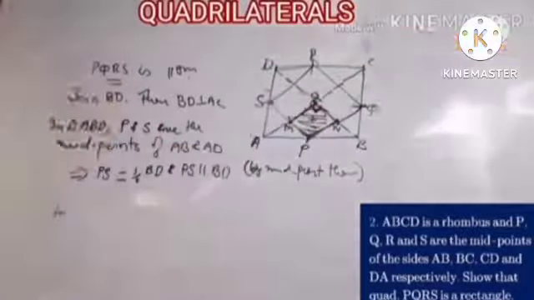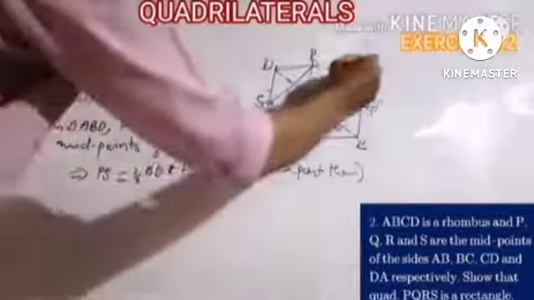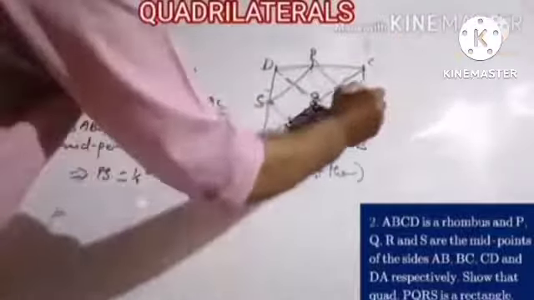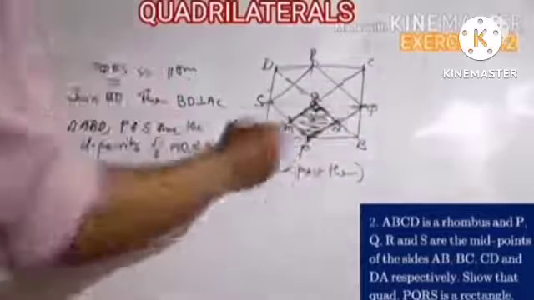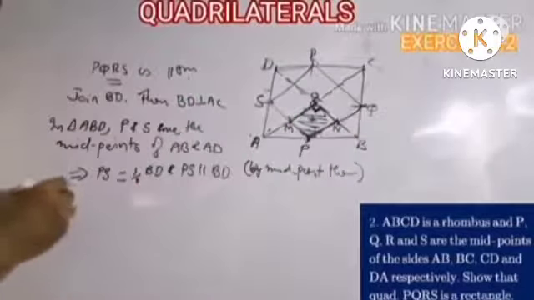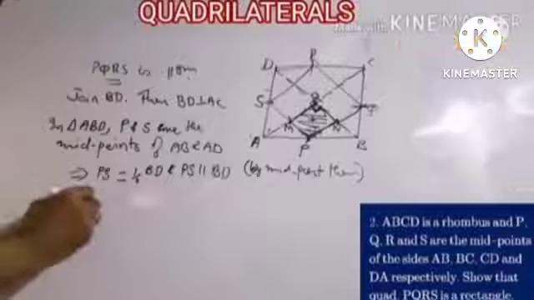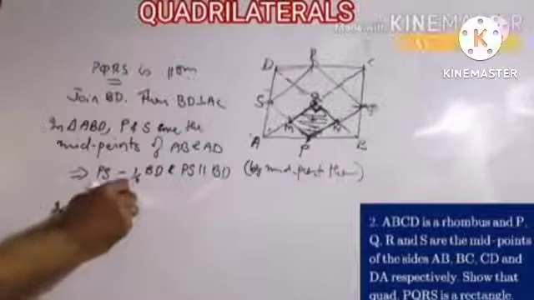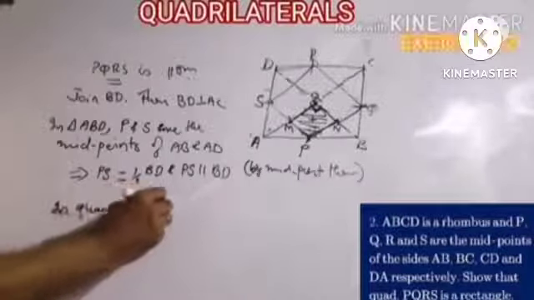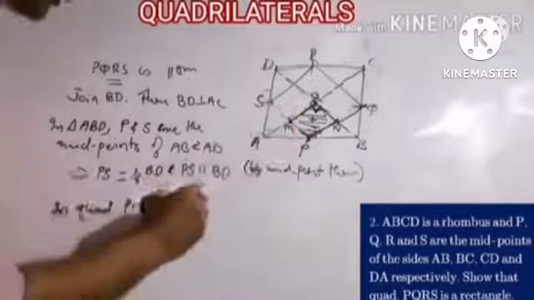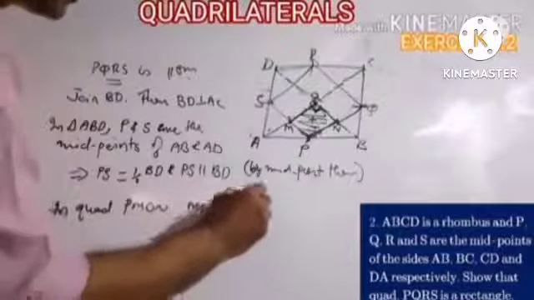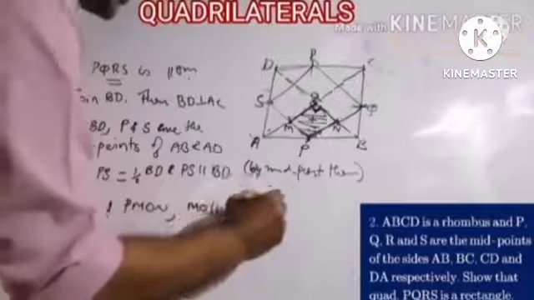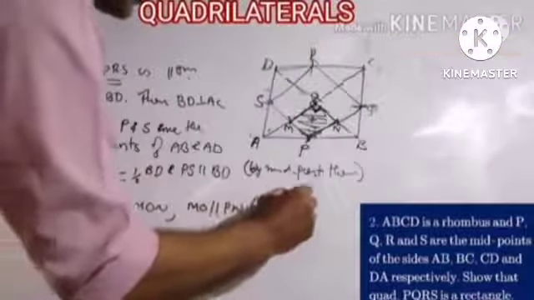In quadrilateral PMON, we have here AC parallel PQ, implies MO parallel PN. Reason: AC parallel PQ.